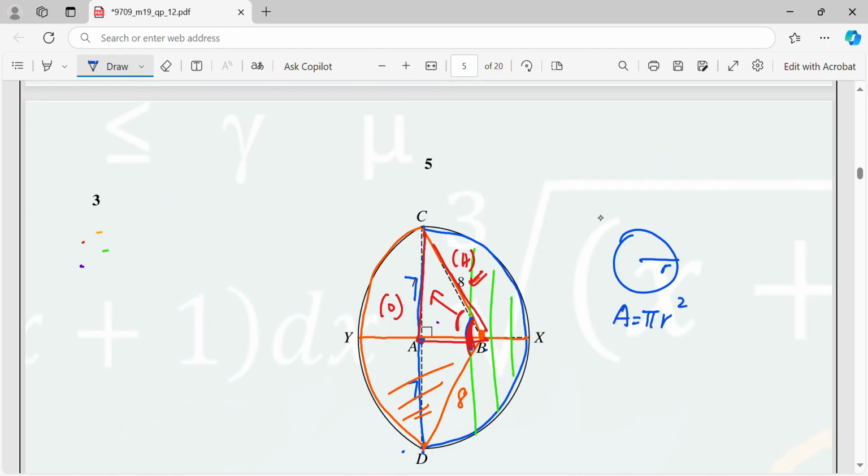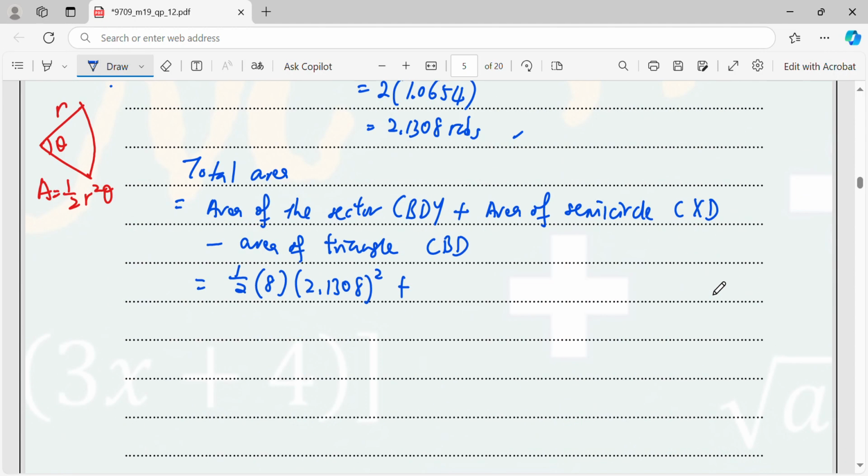So a half circle means half pi r squared. So I will just write my R is 7 right now, because that is the radius of the circle. So it becomes half pi 7 squared.